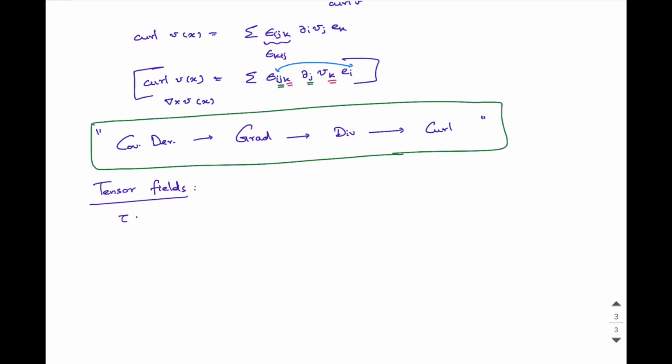So suppose that tau is a tensor field of order k. What this means is that tau takes a point x to a tensor tau of x. This is a tensor field of order k.